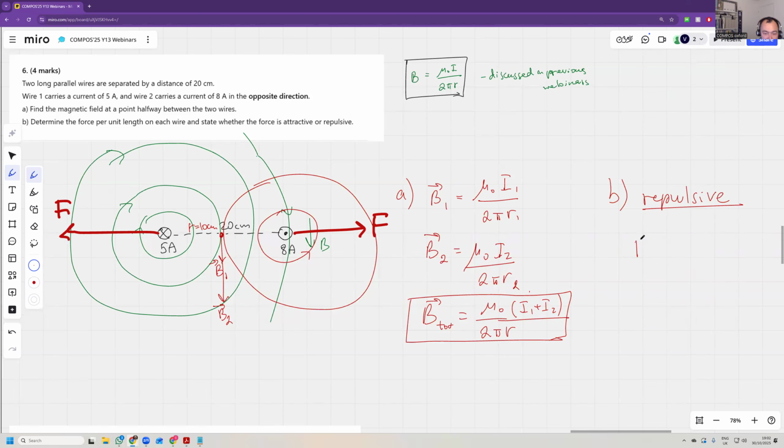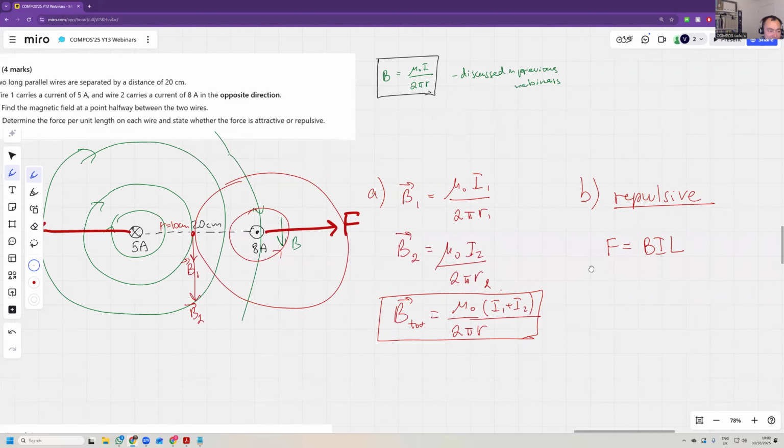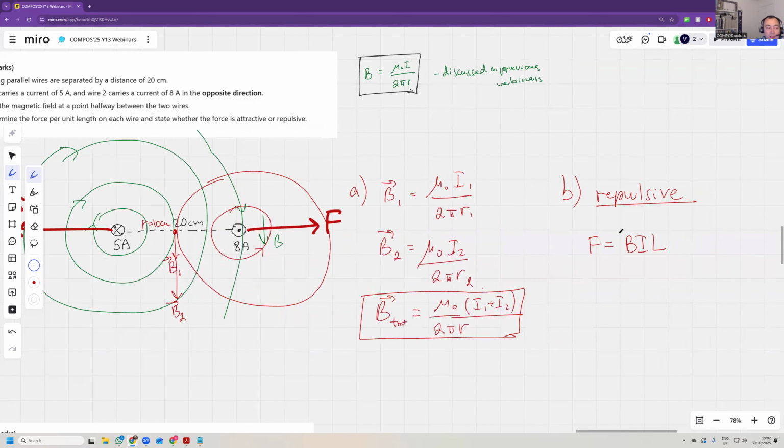And the force is equal to BIL. So if you take the second wire, we need B1 multiplied by I2, the current in the second wire.